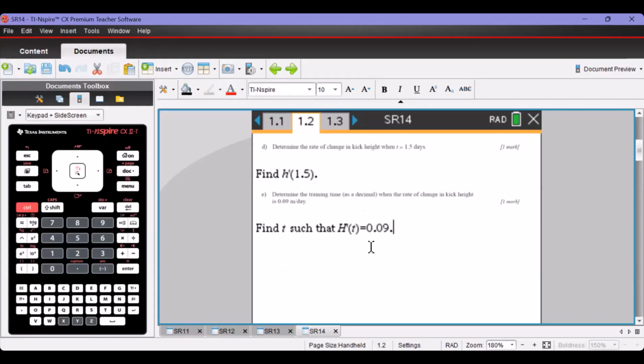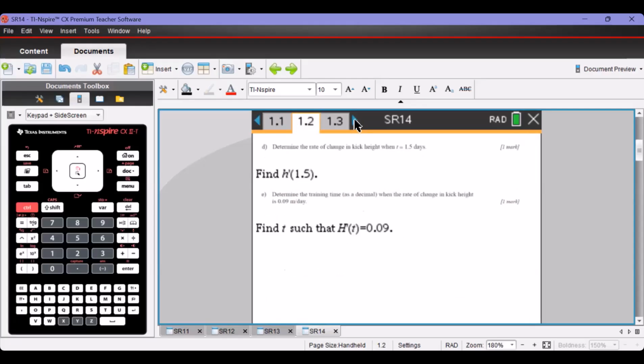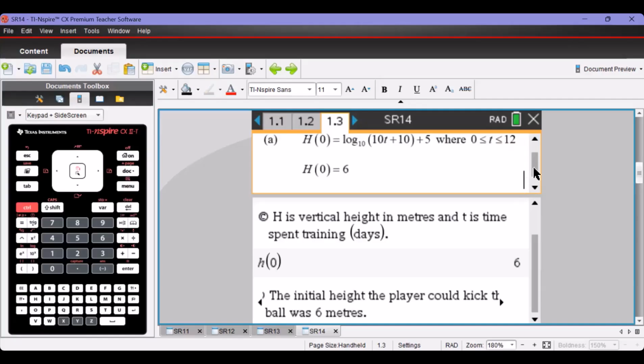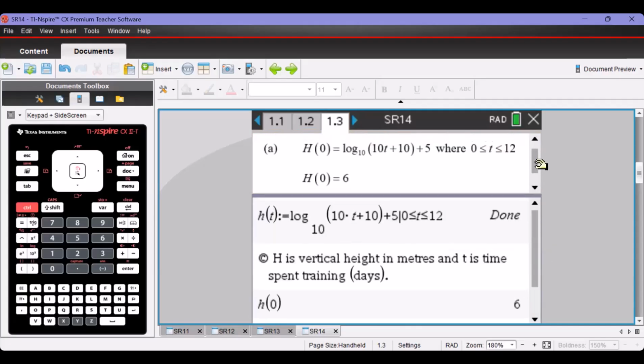So there are 5 parts, and notice that part C is worth 2 marks and all the other parts are worth 1 mark. So let's have a look first of all at part A. What we need to do is calculate h of 0.